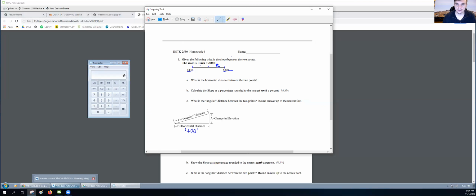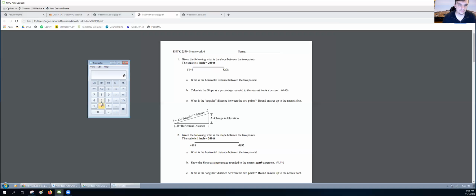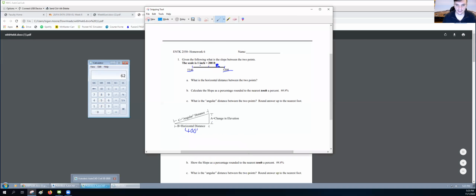So you have 5146 and 5208. All right. So 5208 minus 5146. All right. So that's your change in elevation, 62 feet. Okay. So that's what this A is going to be. 62 feet.